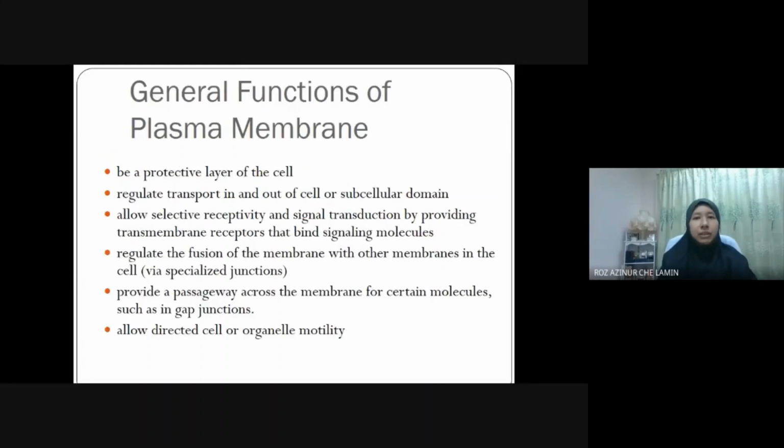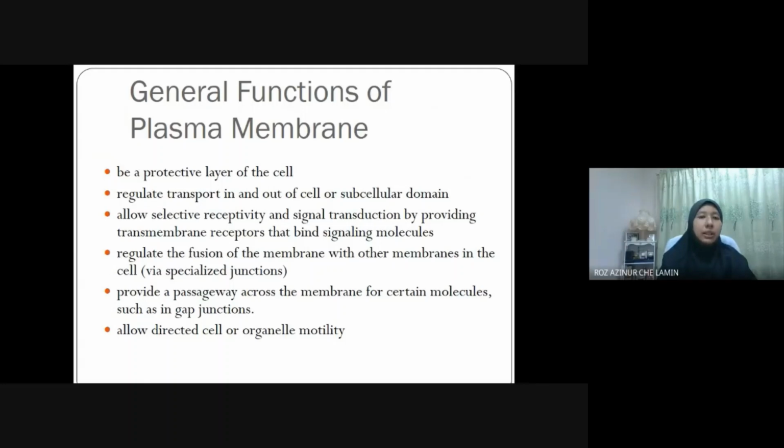For the general function of the plasma membrane, it can be a protective layer of the cells. It also can regulate the transport in and out of the cell or subcellular domain. It also can allow selective receptivity and signal conduction by providing transmembrane receptors that bind signaling molecules.